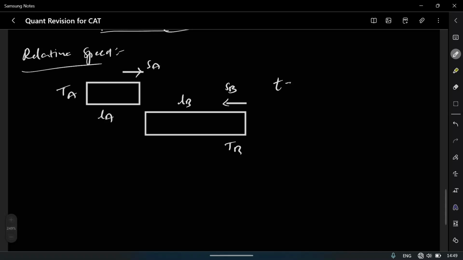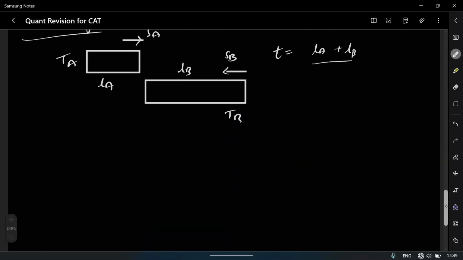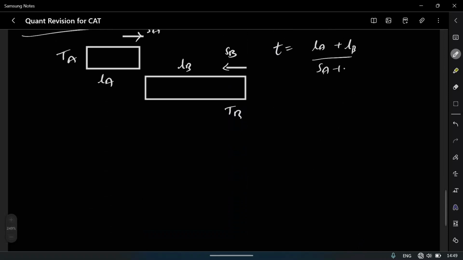The time taken to cross each other, to completely cross, like this point should cross this point, equals, we have to add the lengths, LA plus LB. Since both are traveling in the opposite direction, relative speed is SA plus SB.